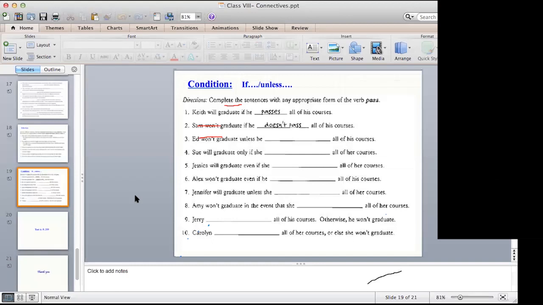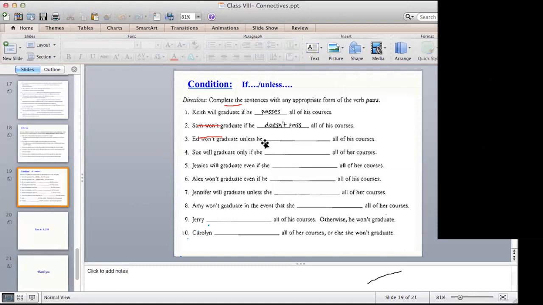Okay, so Ed won't graduate unless he passes all of his courses. Sue will graduate only if she passes all of her courses.